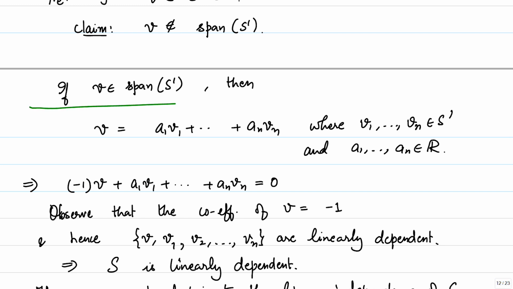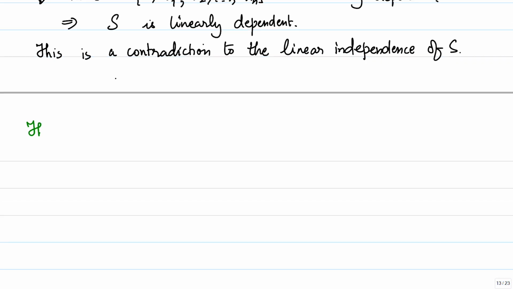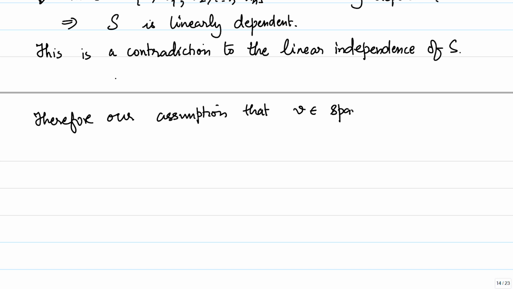This implies that this assumption has to be false, because if this assumption is true, then we are arriving at a contradiction to the hypothesis, and therefore our assumption that V belongs to span of S prime is false.